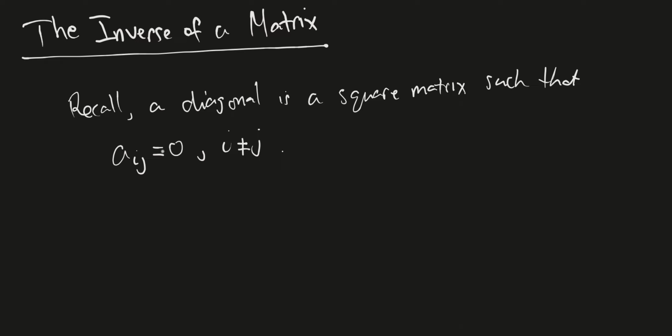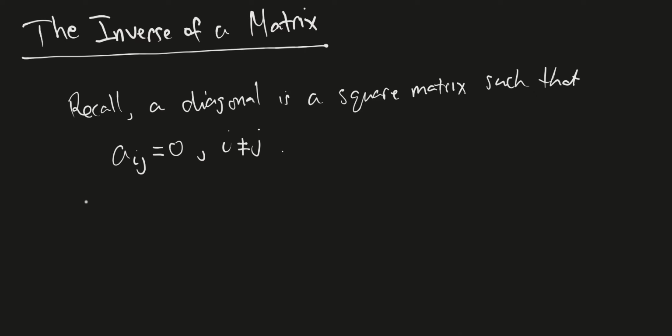Now, even so, that still leaves an infinite set of possibilities because you can put any number on the main diagonal, and then zeros not on the main diagonal. However, if we add a certain property that says what non-zero numbers have to be on the main diagonal, then we're going to get a special matrix that has some really important properties.